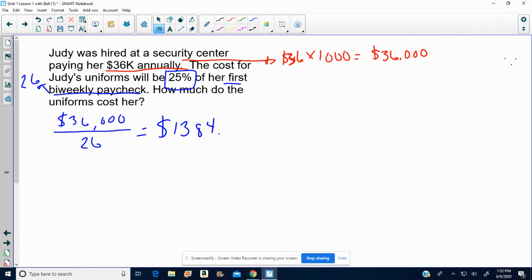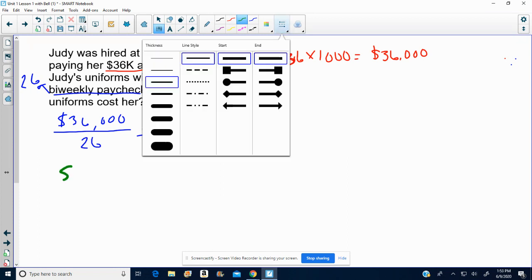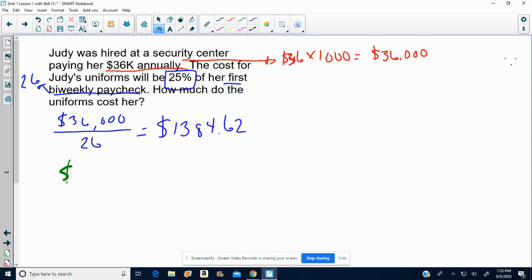Now that's what her check is going to be every other week. That's her biweekly check. But what it actually wants to know is, what do the uniforms cost? So in order to find that, I want 25% of this whole amount, the 1384.62.